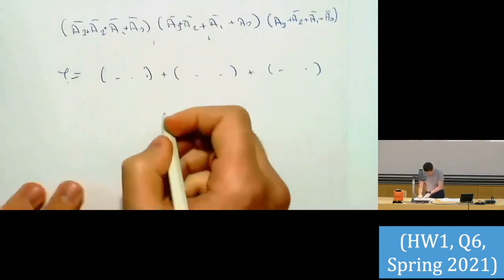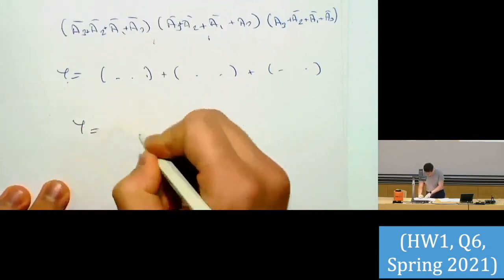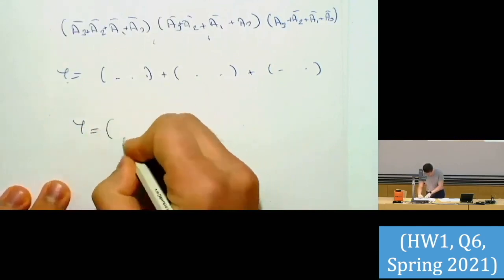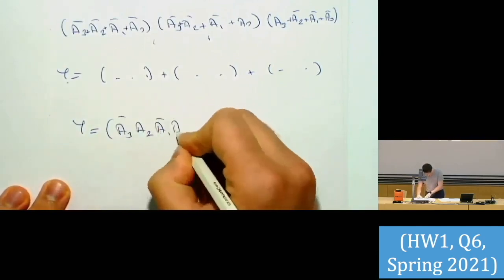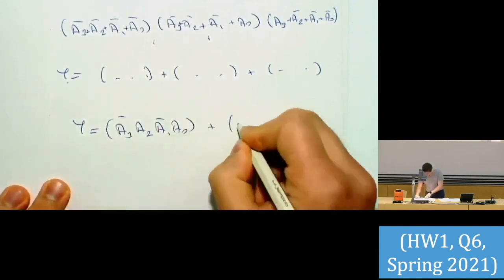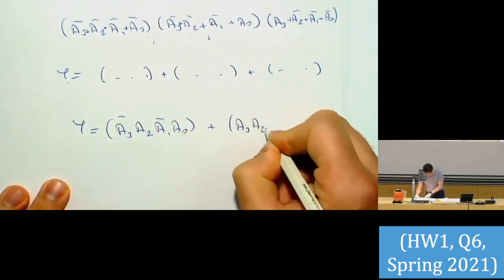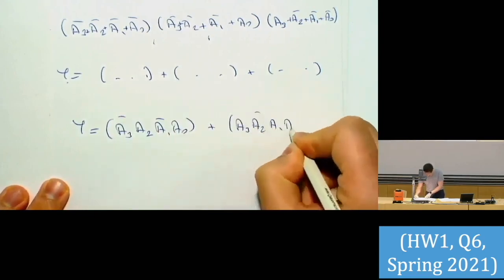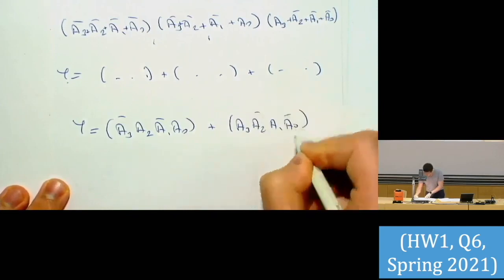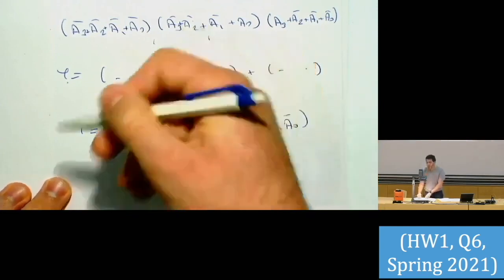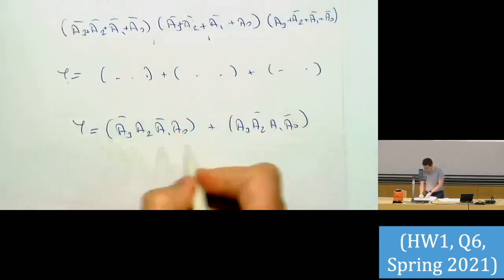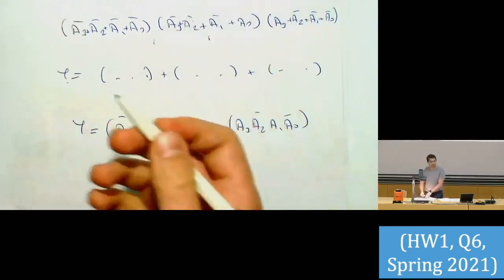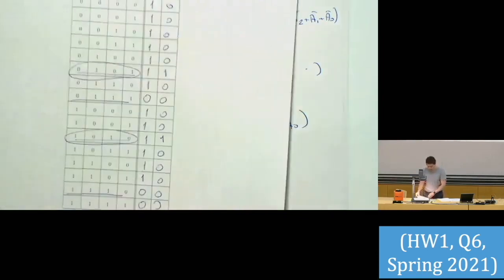So this means that Y is, or, A3, A2 not, A1, and A0 not. This is similar to each other, but instead I OR the terms here. And I said that if one of these is 1, then Y should be 1. This is what the question is asking for.